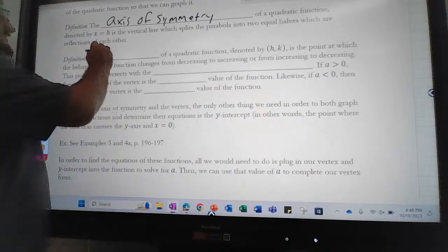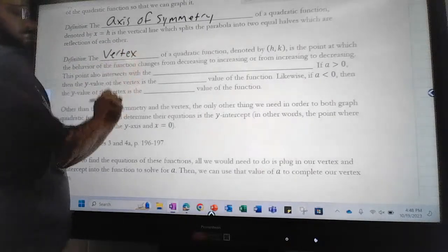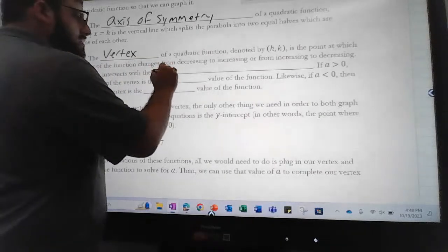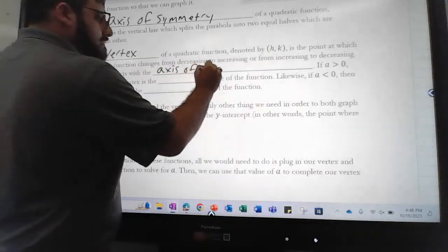Then you also need the vertex. So the vertex of a quadratic function, which is (h, k), h is the x value, k is the y value, is the point at which the behavior of the function changes, either from increasing to decreasing or from decreasing to increasing. And this point also intersects with the axis of symmetry.